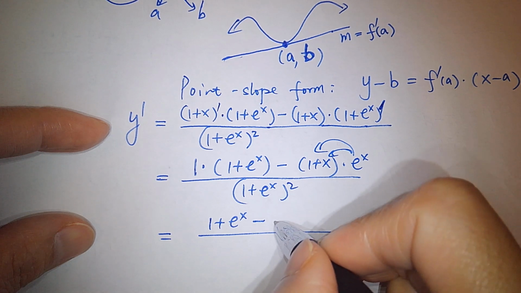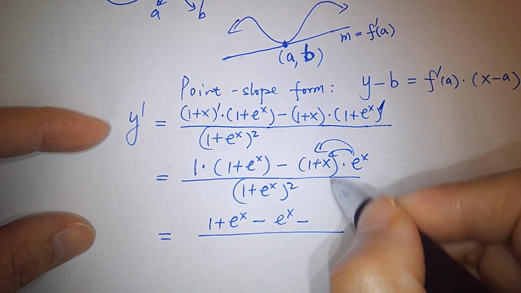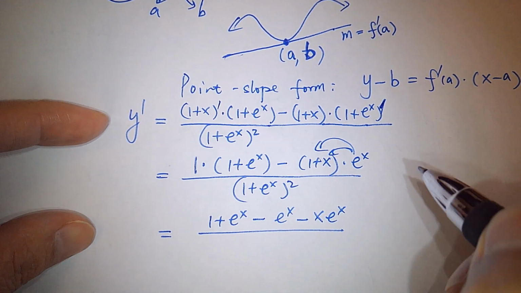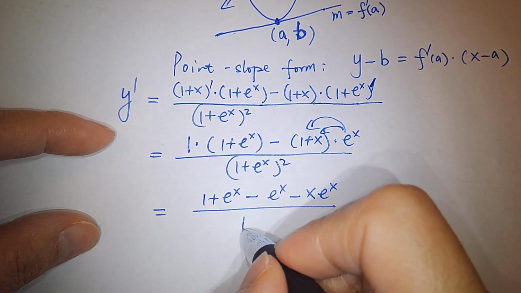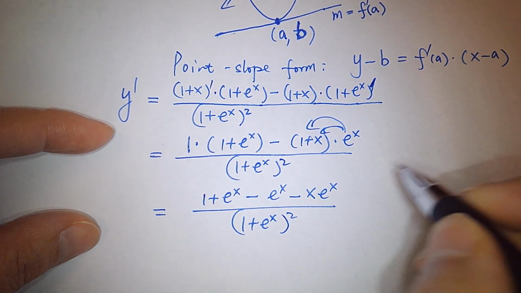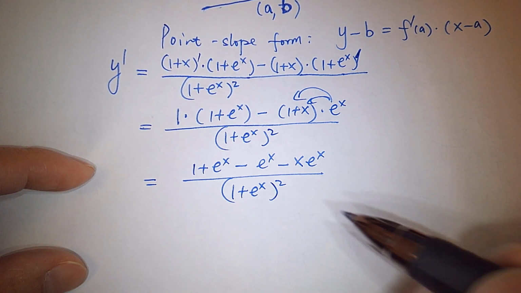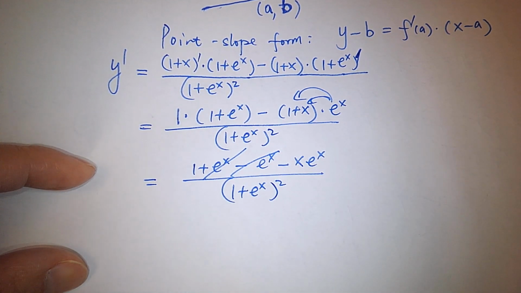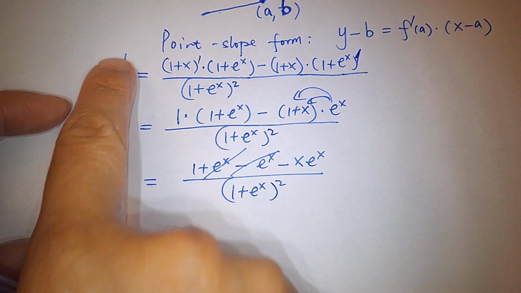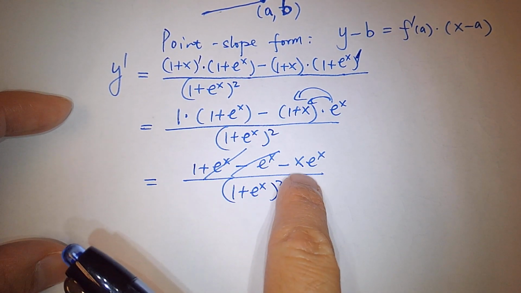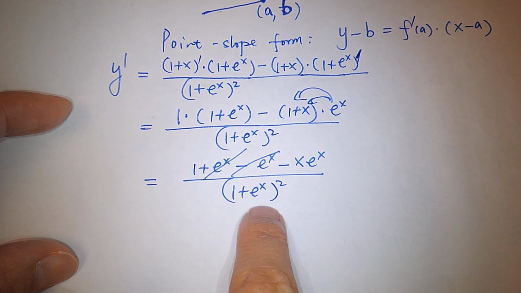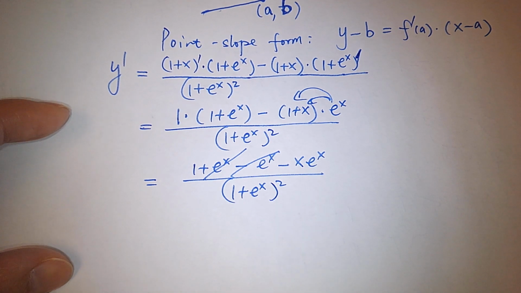Distribute e to the x, minus x times e to the x, right? And then 1 plus e to the x squared. Like terms, everybody? Yes. So y prime equals 1 minus x times e to the x divided by 1 plus e to the x squared.